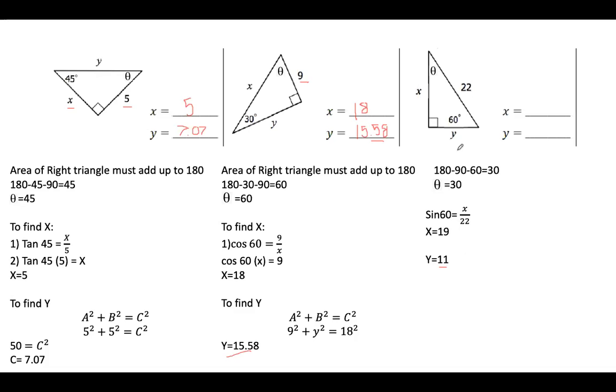So SOHCAHTOA are very, very useful mnemonics that you can use to remember sine, cosine, and tangent, and how to find the missing side lengths when you have one of the angle measurements, or if you're trying to find the second side length. Very useful.